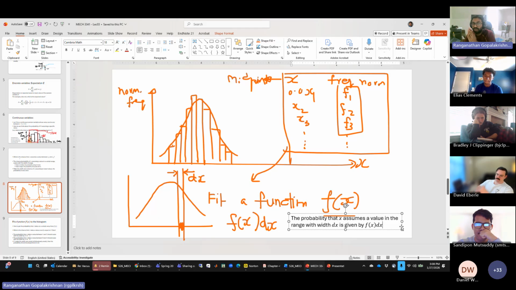Because if you do, you buy the idea of what a probability density function is: you take a density f of x and multiply it by the width to get the probability. This is an important step. If this doesn't land, please tell me. I'll find another way to narrate this.